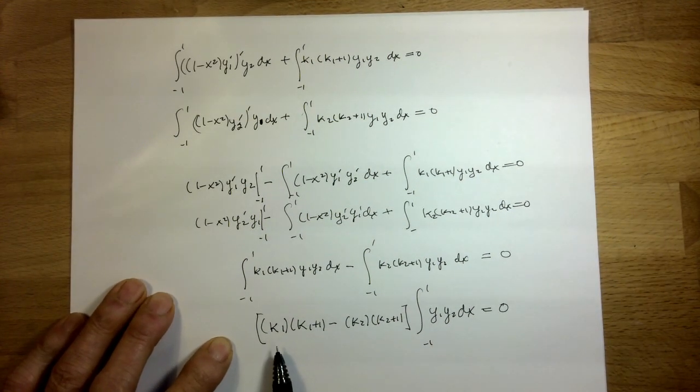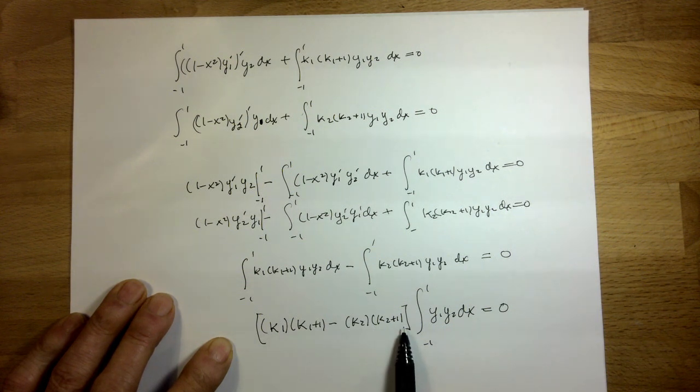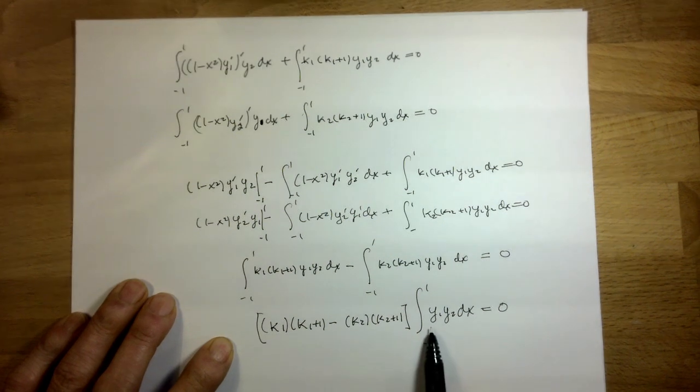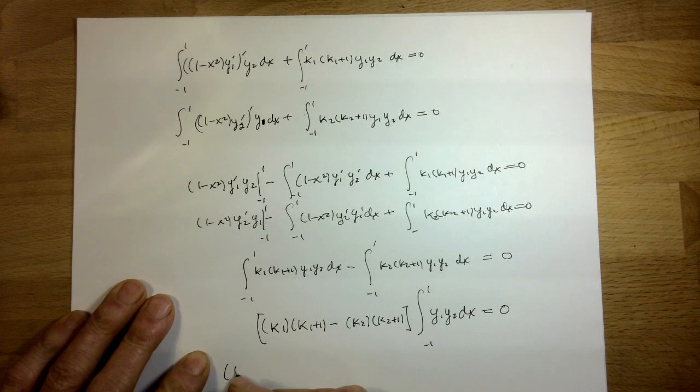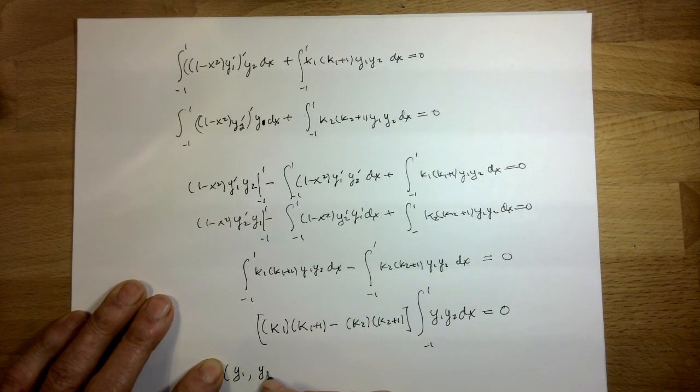Now we know that k1 does not equal k2, so k1 times (k1 plus 1) minus k2 times (k2 plus 1) is not 0. So the only way this thing can be 0 is if this integral is 0, which is in fact the inner product of y1, y2.